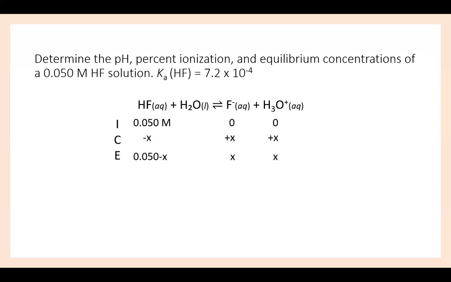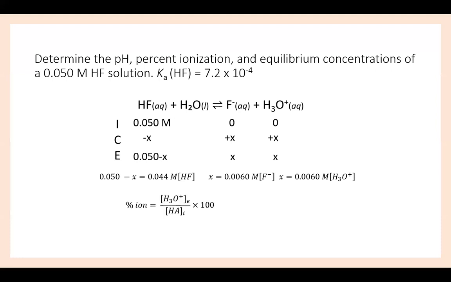Finding the equilibrium concentrations, we solved for X. So that would be the concentration of both fluoride and hydronium at equilibrium. To solve for the HF concentration at equilibrium, just take the initial 0.050 minus X. So we get an equilibrium concentration of 0.044 molar.